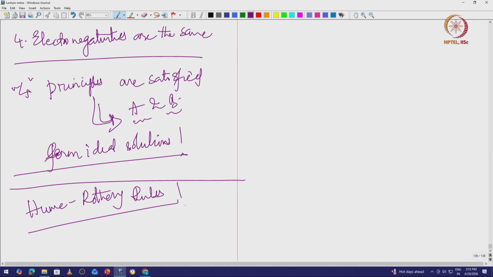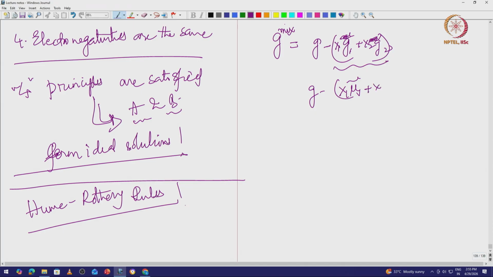Now, in an ideal solution we said G mix, which is given as G of the solution minus G of unmixed compounds. So, that is x 1 G 1 plus x 2 G 2, these are G of the pure compounds, or G 1 tilde, G 2 tilde. Sorry, just not to mess up the notation, we wrote this as x 1 mu 1 tilde plus x 2 mu 2 tilde.